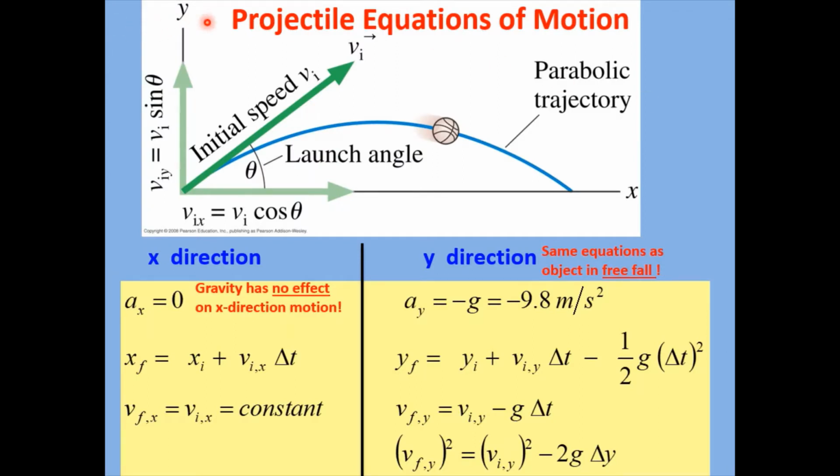So one of our goals in this lecture is to be able to solve projectile problems. And in order to do so, we need to come up with a set of equations of motion for projectiles. In almost all cases, a projectile problem starts with the projectile's initial launch speed and launch angle.